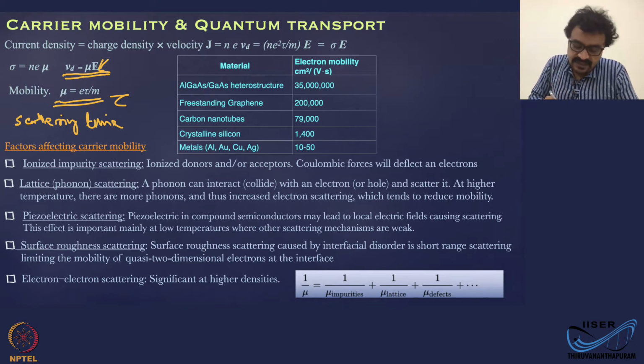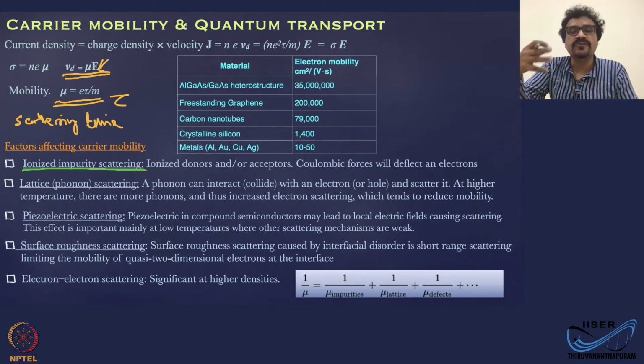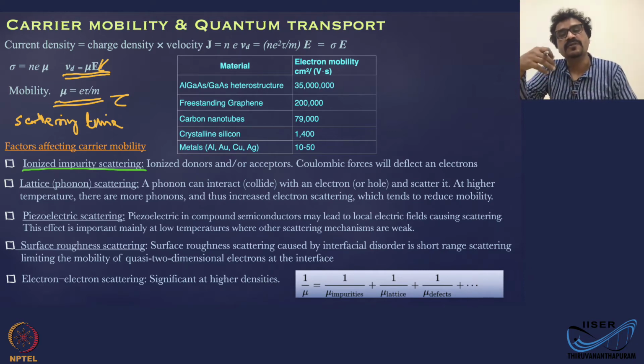So, ionized impurity scattering. You will have impurities in the material in the form of dopants, such as donors or acceptors, or some of the impurities which already got incorporated during the growth.